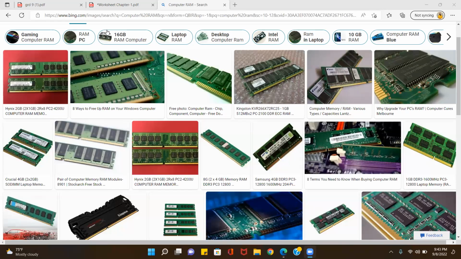RAM is what gives that required memory. So if your RAM is higher, your computer will not get stuck. I have heard people say their computer gets stuck when multitasking. It's because their RAM is low.